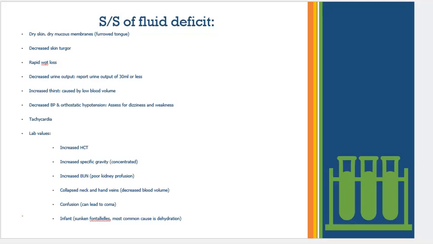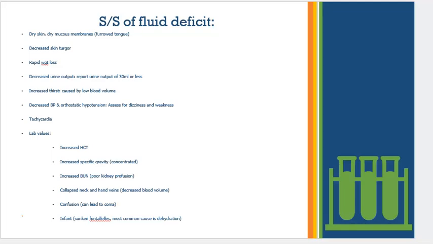As the saying goes, especially with peds, they compensate, and then they just don't. They hit that downhill slope very quickly. In our peds, their fontanelles, or the soft spots, will become sunken in.